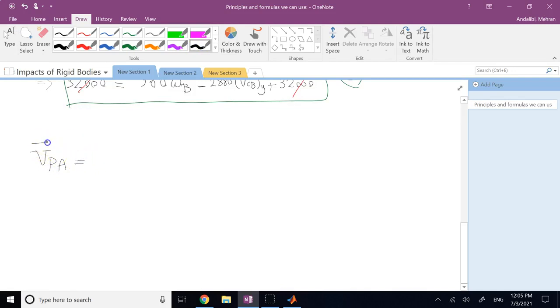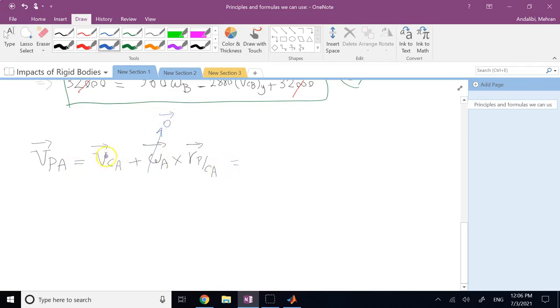So for that, as I said, I need to go and find the velocity of point P on object A before impact. It is equal to the velocity of center A before impact plus omega of the object before impact cross r of that P with respect to the center. Now, since there is no rotation before the impact, this whole term is going to be 0, which makes life a lot easier.